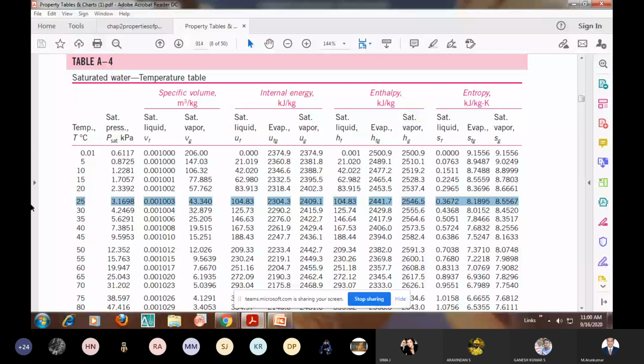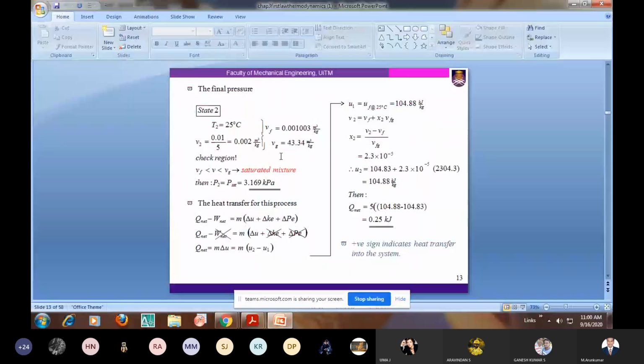Then we have to compare these specific volumes. Our calculated specific volume is 0.002.